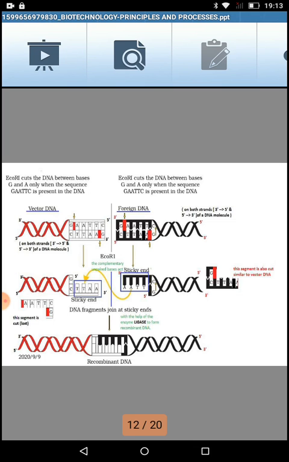A palindromic sequence or recognition sequence is a must for the restriction enzyme, and every restriction enzyme has its own recognition sequence. There is no single recognition sequence for two or three restriction enzymes.